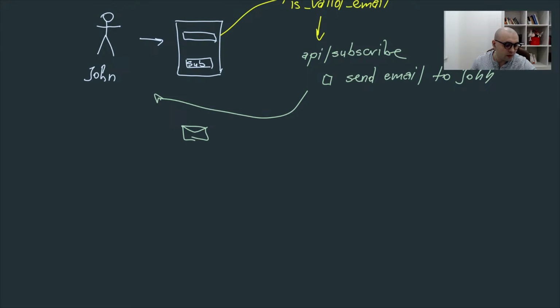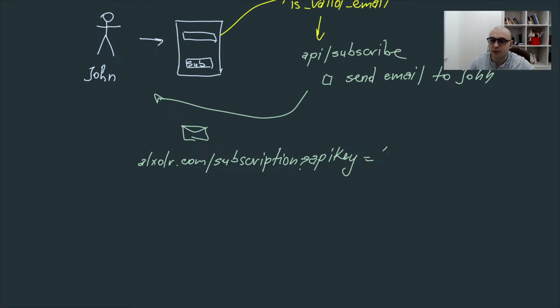I guess it will be some sort of link in the form of alxolr.com, probably subscription, I don't know, and we can provide a key, an API key or some subscription URL. Let's call it API key, and this will be some hash which we'll need to generate.